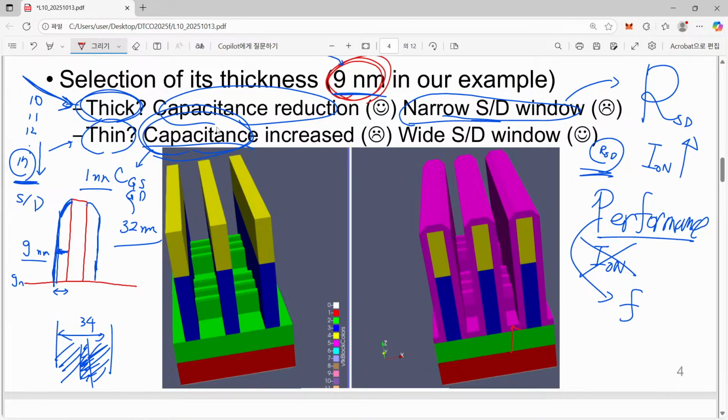And also here we previously had a fin, and even this fin generates a certain sidewall spacer. Compared with this dummy gate spacer, it is relatively shorter, but still we have a fin and it has a certain amount of spacer.